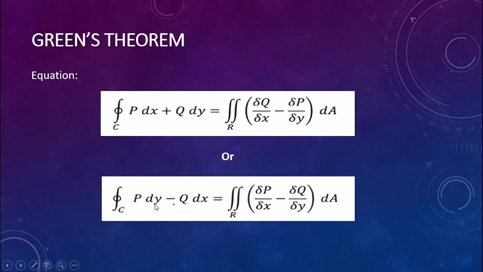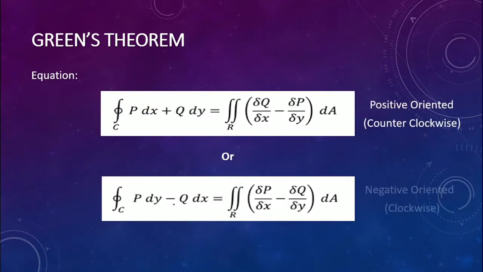So the difference between these two equations is here. For the first equation, we write P dx plus Q dy, and the second equation, we write P dy minus Q dx. How to know which one from these two equations that we need to use is by referring to the arrow along the curve.